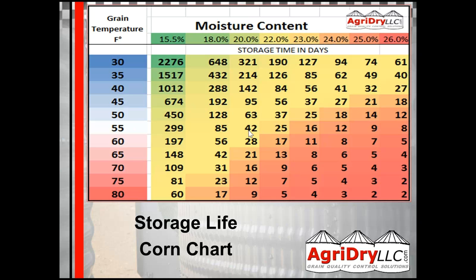Like I said, with higher moisture and higher temperature, the storage life is very minimal. As we get that moisture down or cool that grain off, we can gain days and have more time to work with it, and eventually hopefully get that grain dried down and cooled down, and that's how we're able to store that grain for a long period of time.